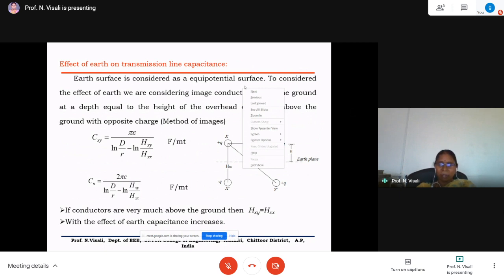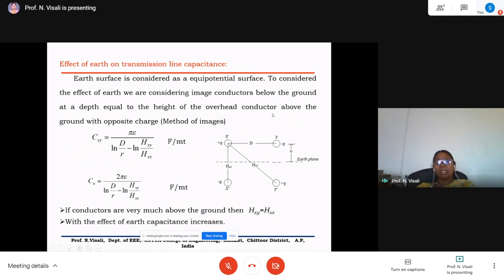Whatever the calculation of capacitance, if we do it when the earth is existing, that calculation will not be correct, because we are going to consider earth as an equipotential surface. Due to that, the calculations are not exactly the same as when the earth is existing. To consider the effect of earth, we consider image conductors below the ground at a depth equal to the height of the overhead conductor.